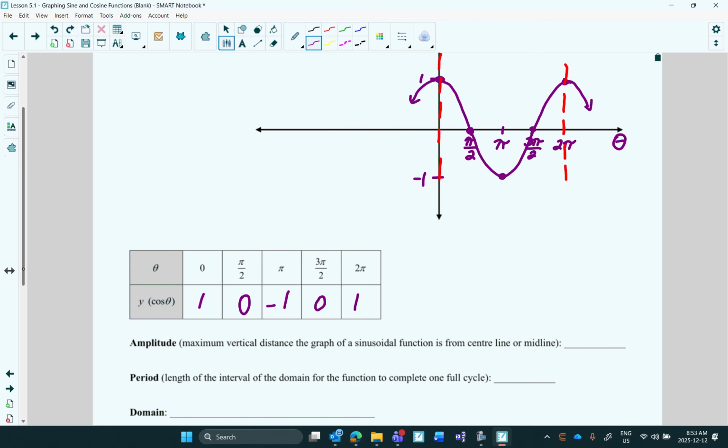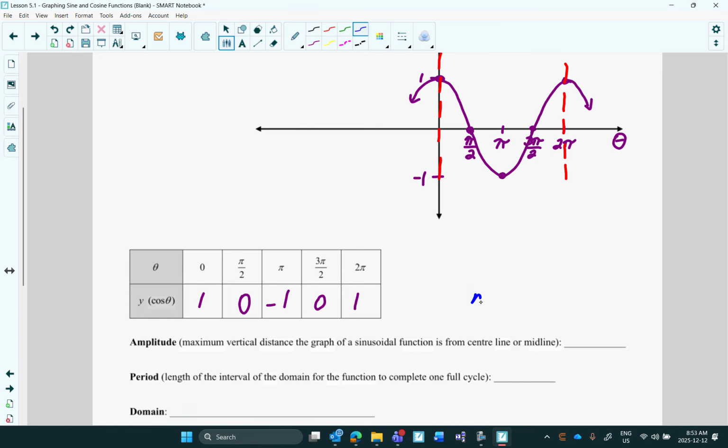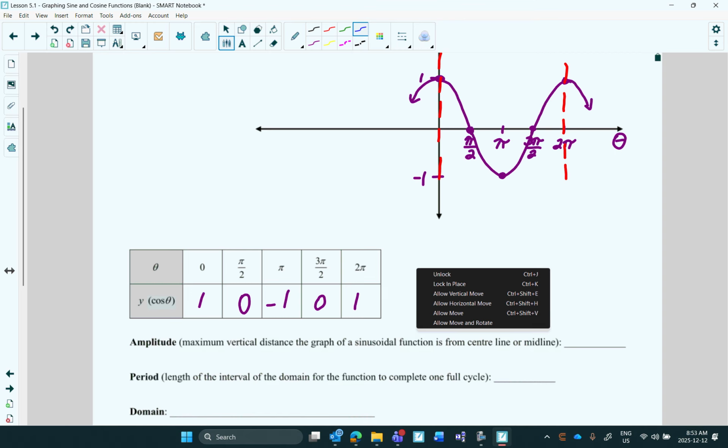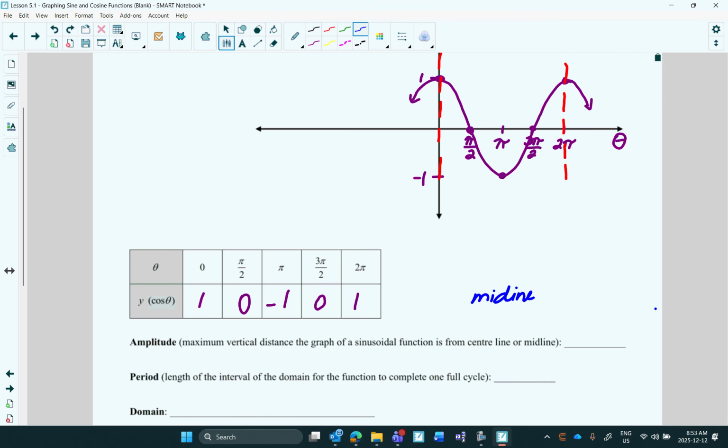Okay, what's the midline? Oh my God. Did it again. What's the midline, the horizontal line that cuts this in half? The x-axis or the theta axis or y equals 0?